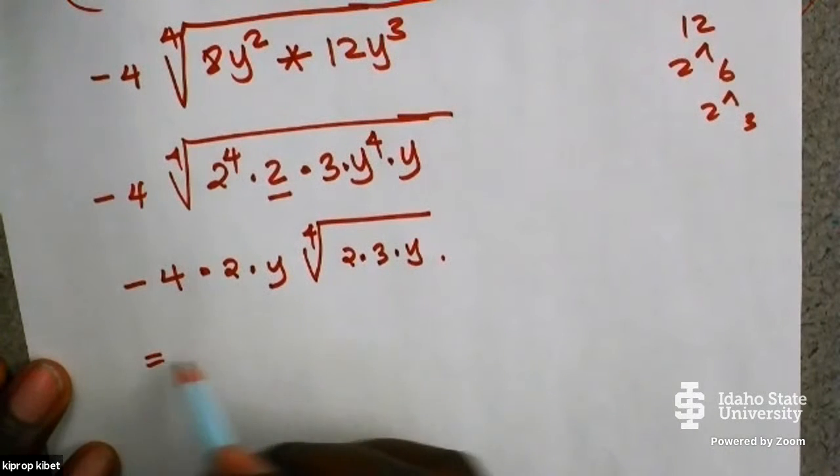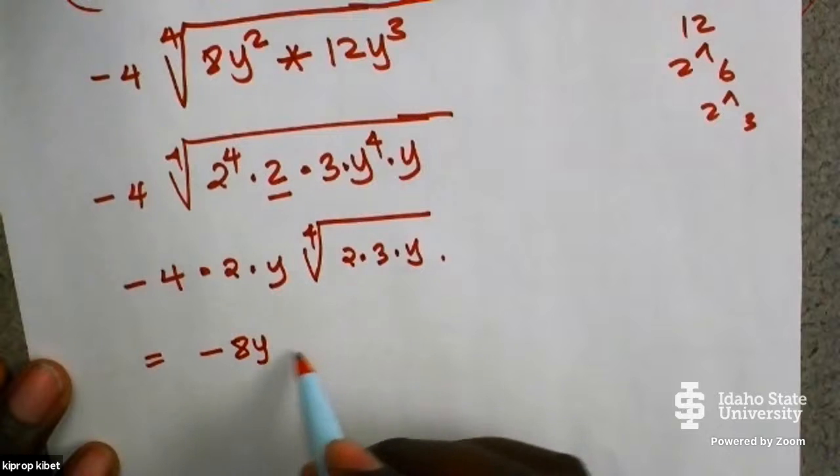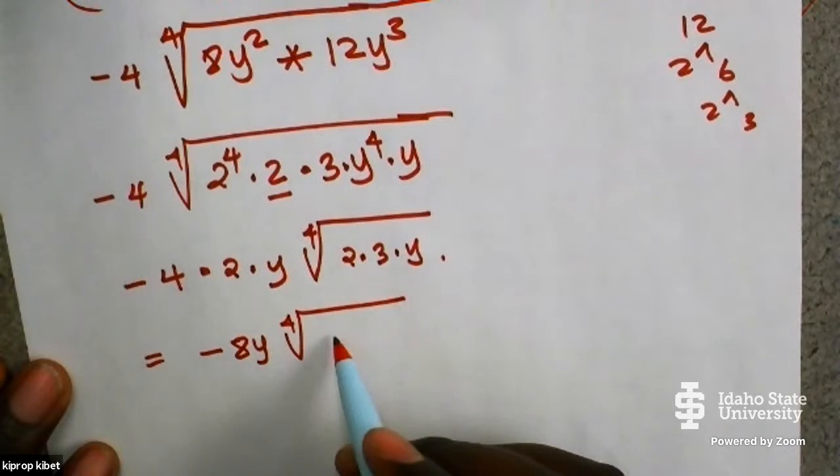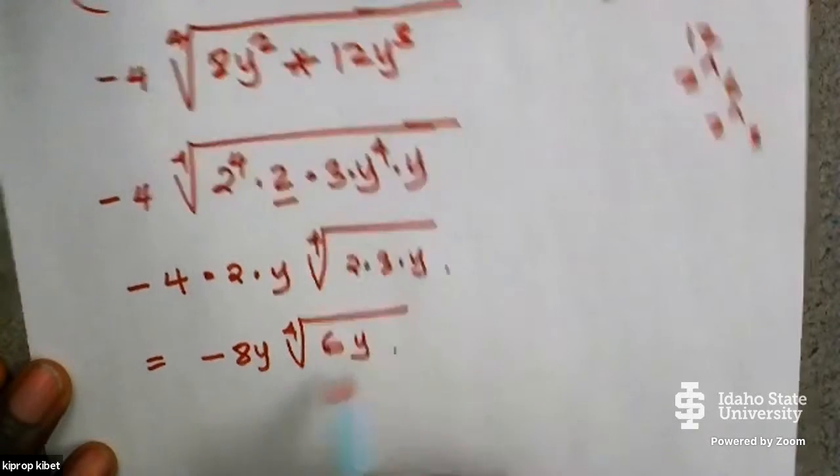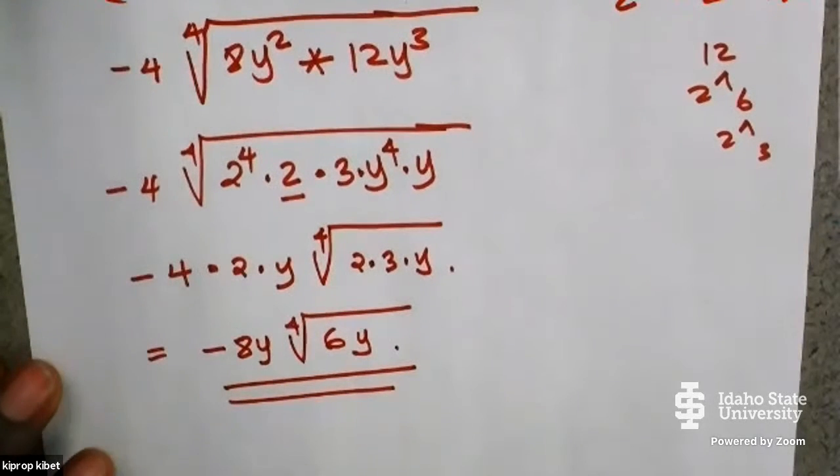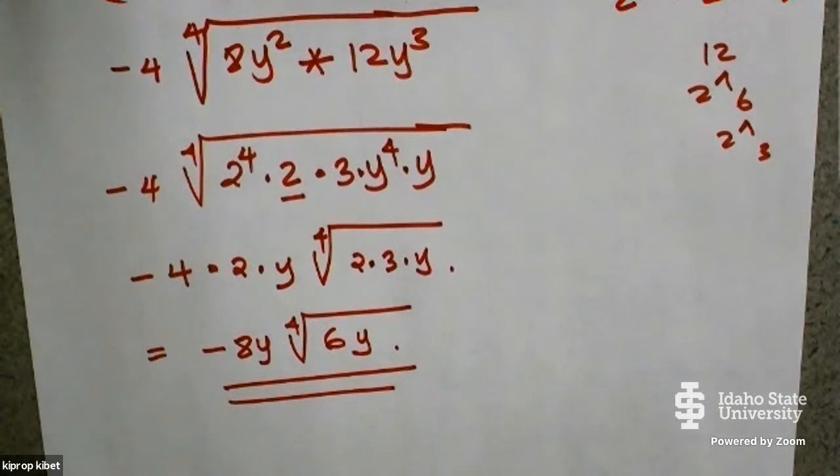So finally, you get minus 8y, the 4th root of 6y. Simple, right? Very simple. If you follow the steps, then you'll be good.